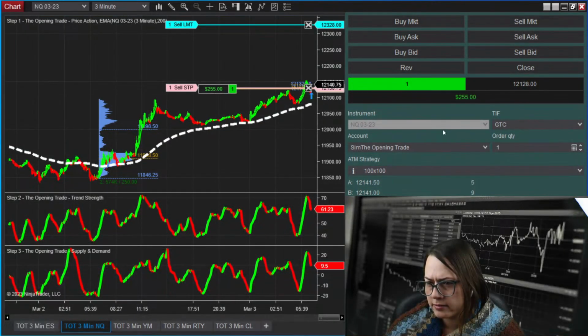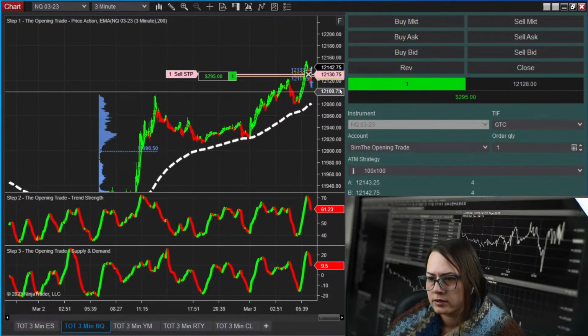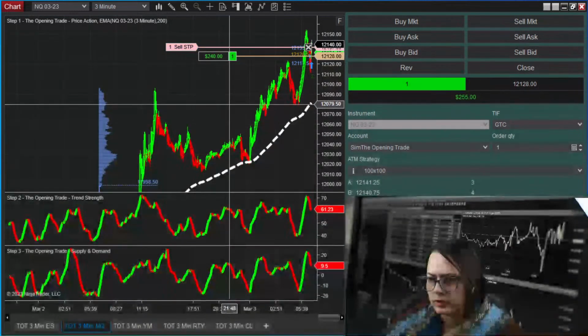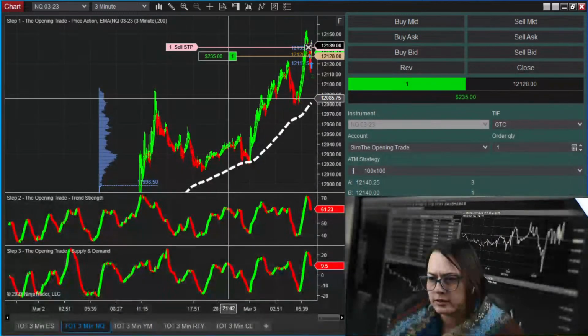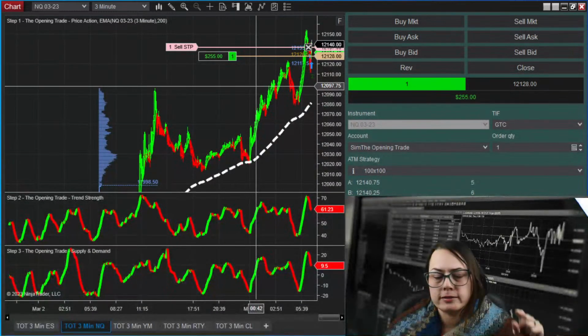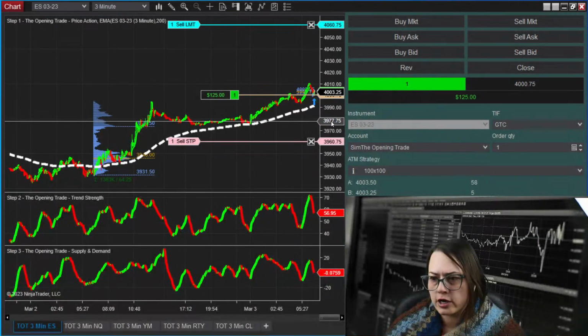Can't really see where I'm at right now. All right, so we're going to move it up again, just trying to make the chart a little bit easier to read the number indicators. So let's take a look at our other guy.